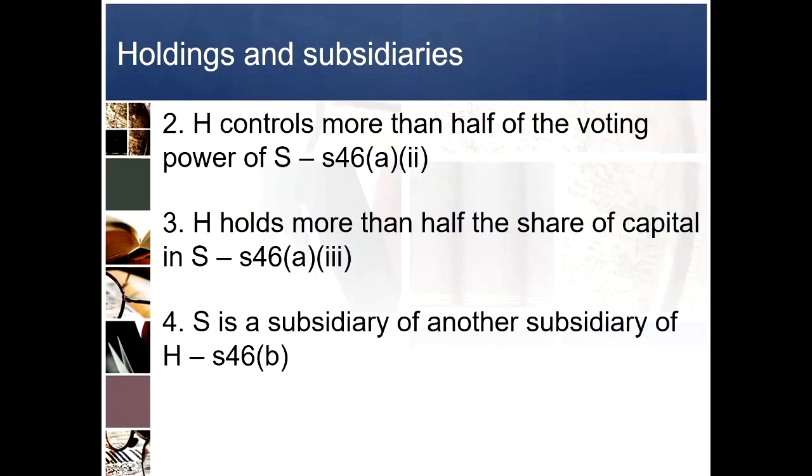Well, we know that subsidiary 1 would be the holding company for subsidiary 2. But what's the relationship between subsidiary 2 and the holding company? Well, this is a subsidiary of another subsidiary. Therefore, there's a holding subsidiary relationship between those 2 companies as well.